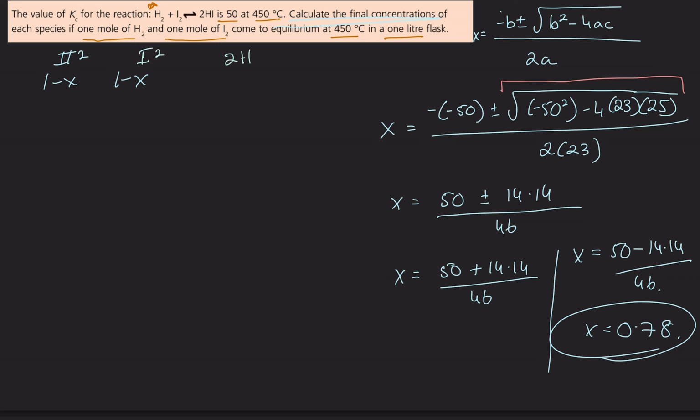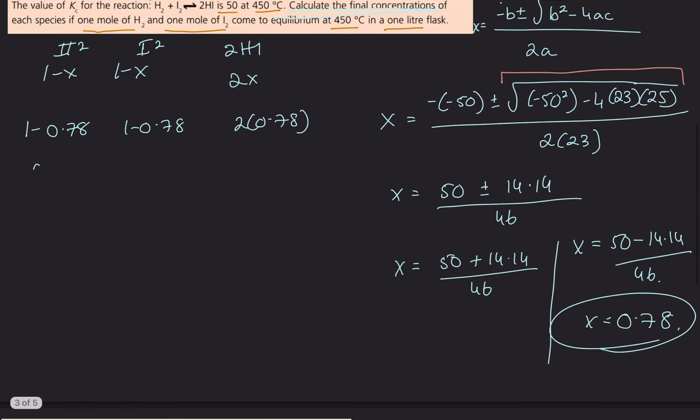Then we got 2 hydrogen iodide, and that was 2x. Now that we have the x value, we can figure out our concentrations. So 1 minus 0.78, 1 minus 0.78, 2 times 0.78, and this will get you all of the concentrations. That'll be 0.22, 0.22, and 1.56 moles per litre. Okay, that question is done.